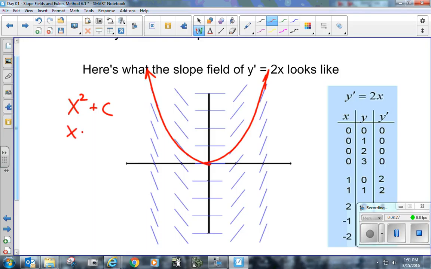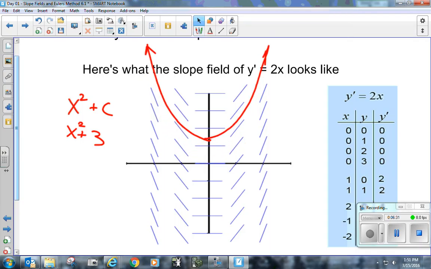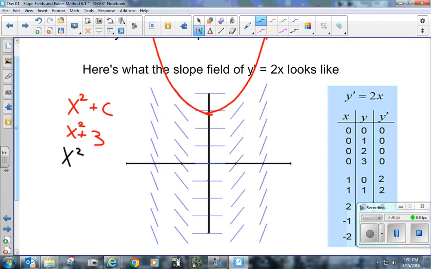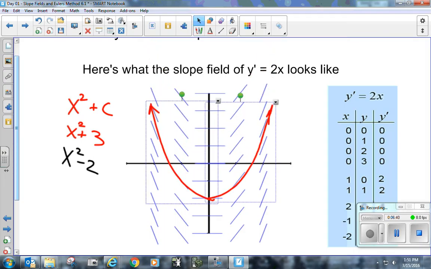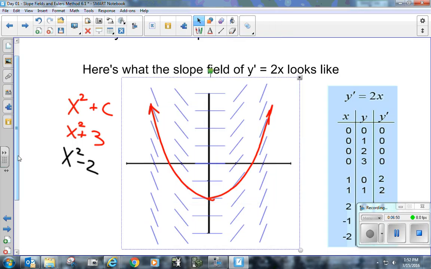So what if C was plus 3? Then this would move up to 3, wouldn't it? What if our C was minus 2? Then that would move down to minus 2, wouldn't it? But no matter where it is, once it gets to the right side, it gets steeper, doesn't it? Once it's across the y-axis, at the vertex it has a slope of 0, which is horizontal, doesn't it? So it kind of gives us an idea of what the graph's going to look like.